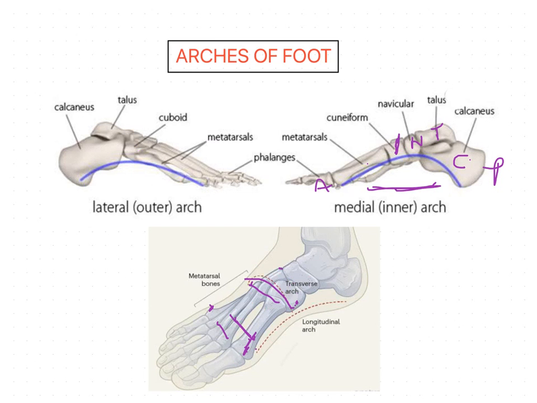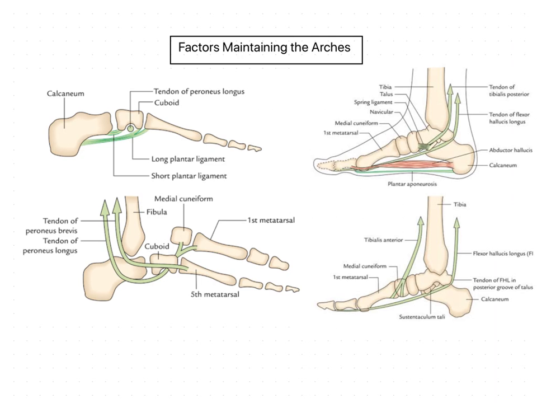These are all about the formation of the arches, and now we'll see the factors which are maintaining these arches. Here this one is the lateral longitudinal arch and this one is the medial longitudinal arch. The first factor is bony, the second is ligamentous and the third is muscular.